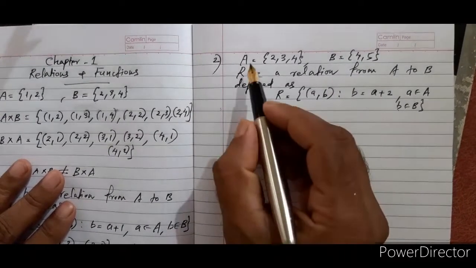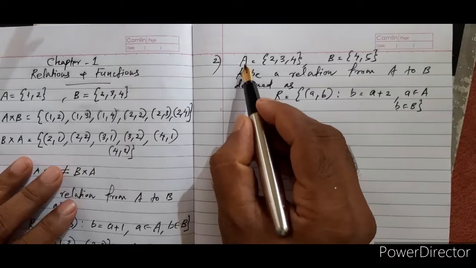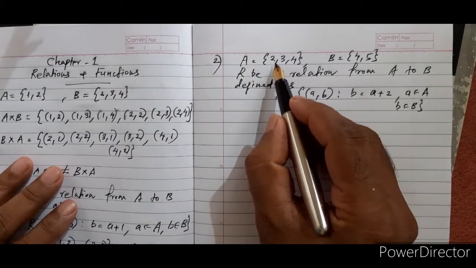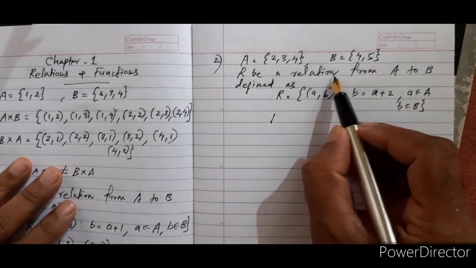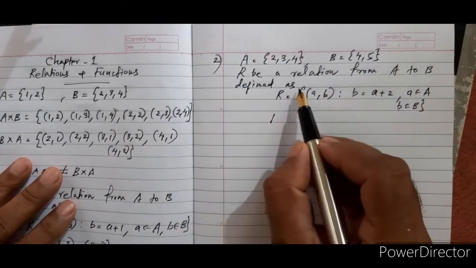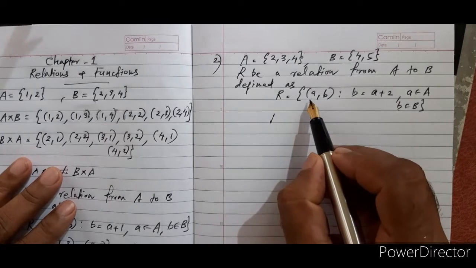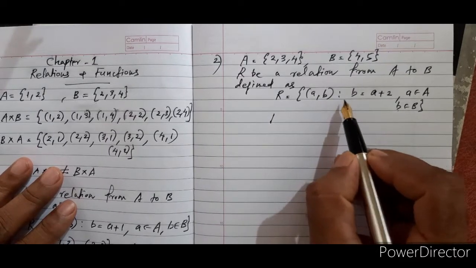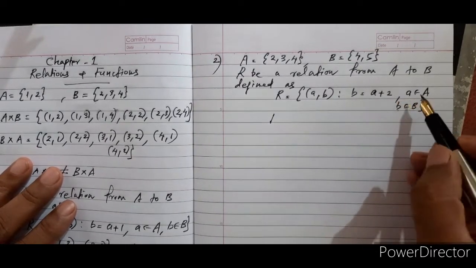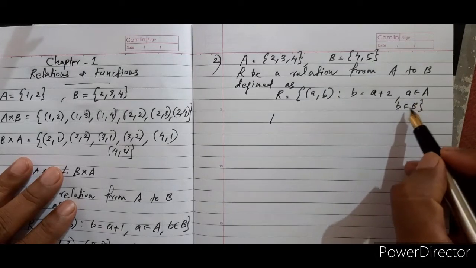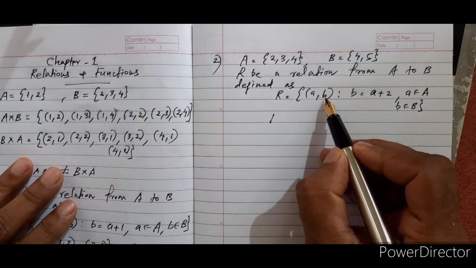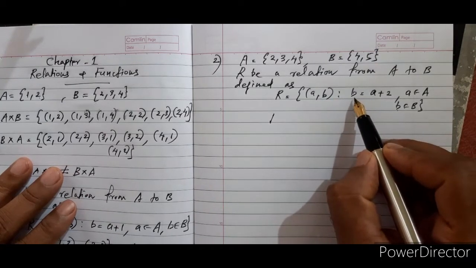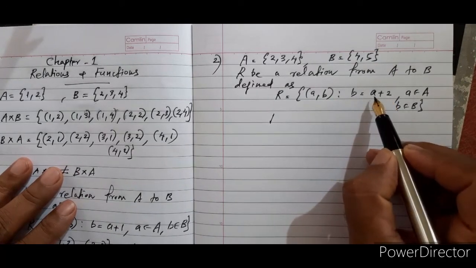Okay, now consider example 2. A contains 3 elements 2, 3, 4, and B is 4, 5. Let R be a relation from A to B defined as R equal to the set of all (a, b) such that b equal to a plus 2, where a belongs to A, b belongs to B. That means element a is related to element b if it satisfies this condition, that is b equal to a plus 2.